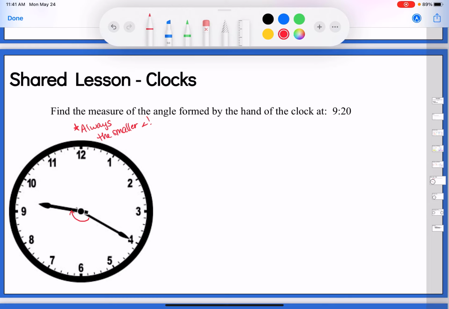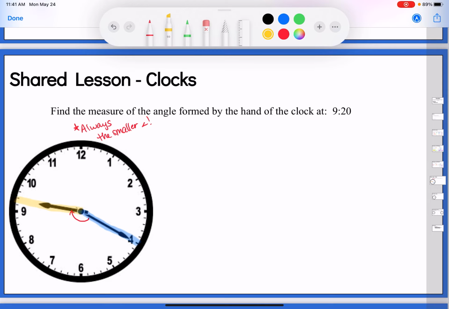So I need to figure out what is this angle measure between the two hands. Now notice when I have 9:20 here, the long hand, the minute hand, is pointing directly at the 4. It's lining up exactly. But this hour hand is a little bit past the 9. Now here, I have all these tick marks and maybe I can kind of tell, but it's sort of hard to tell how far past the 9 it really is.